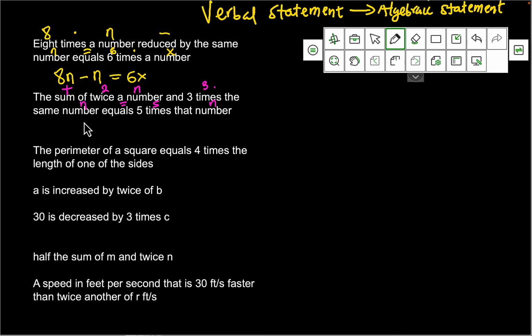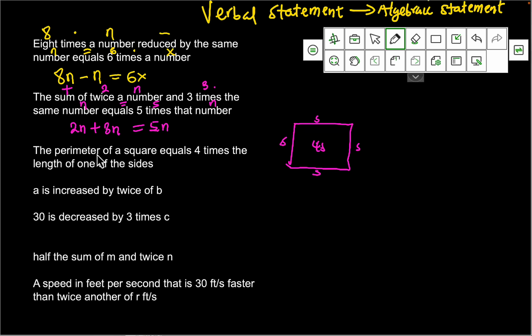So that will mean that the sum of 2n plus 3n is equal to 5n. You got it? So the perimeter of a square, one property about a square is that all sides are the same. So the distance around the square, we say s plus s plus s plus s, so that is the perimeter is 4s, right?